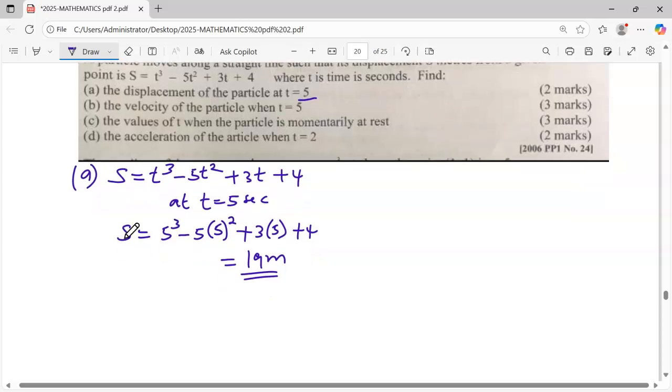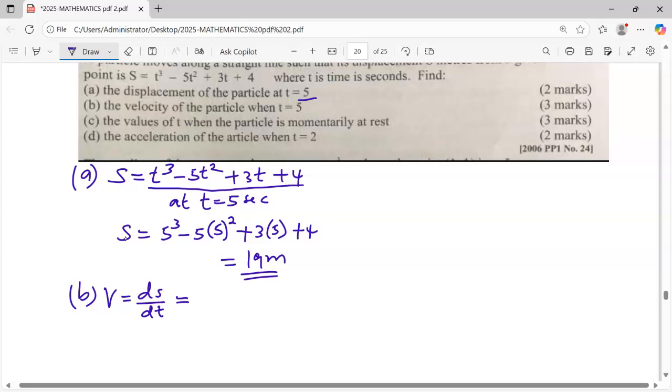We move to part B of the question, and in part B we are told to find the velocity of the particle when t equals 5. Given the displacement function, to get velocity you differentiate displacement with respect to change in time. That is, ds over dt will give us velocity, and we are going to differentiate the displacement function.